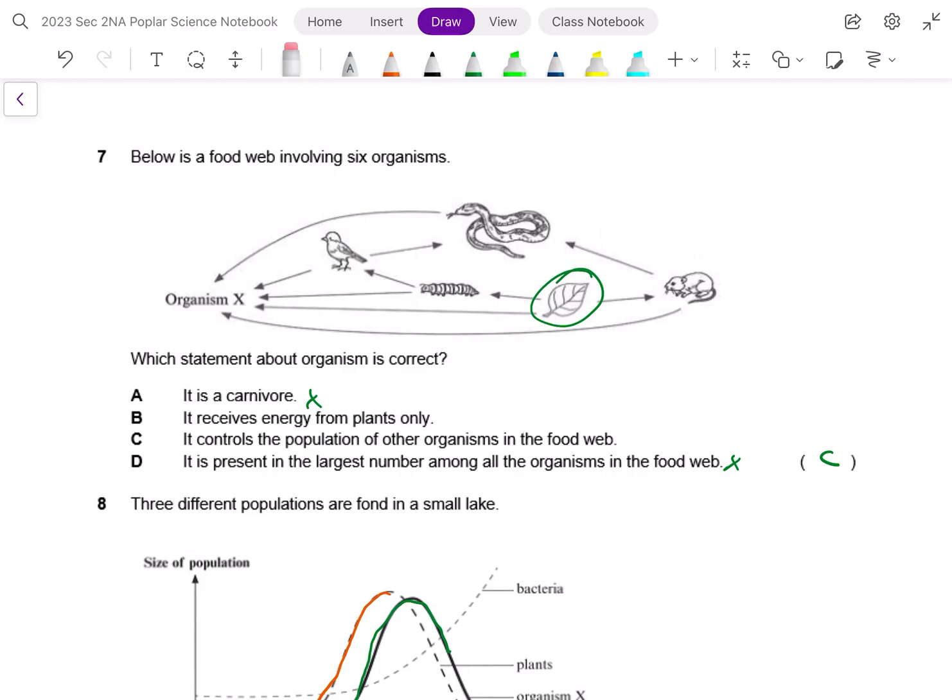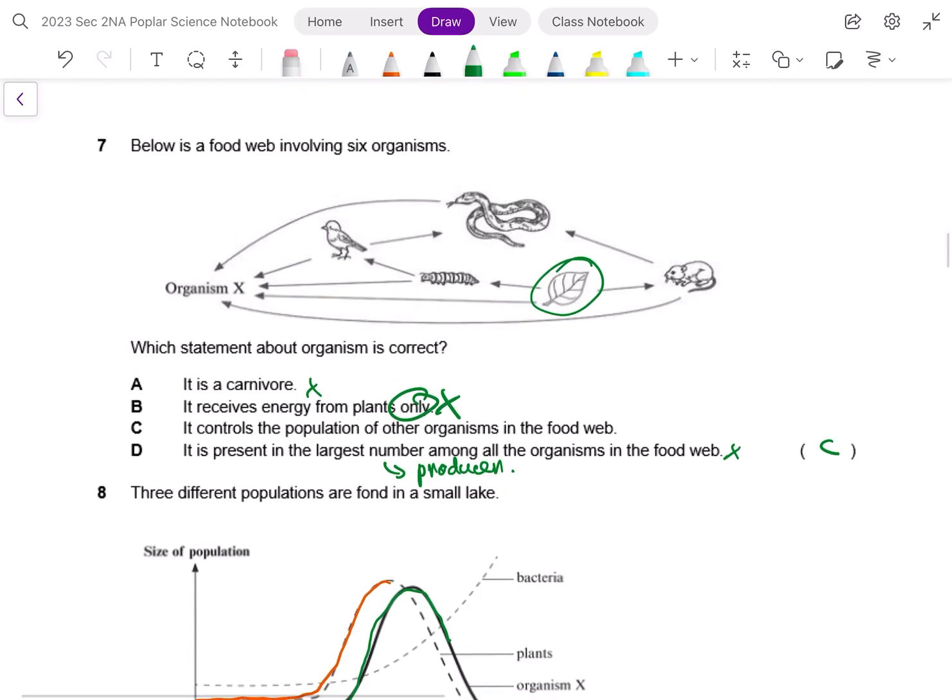Present in the largest number amongst organisms shouldn't be. This one is only for the producers. So it doesn't receive energy from the plants only. So B is wrong. It also receives energy from bird, from caterpillar, from the rat. Basically it has links to everyone.